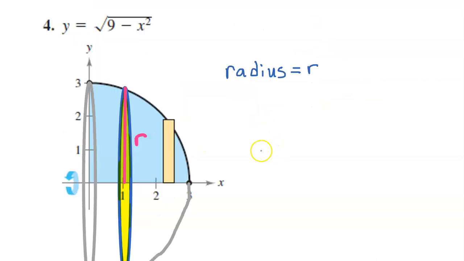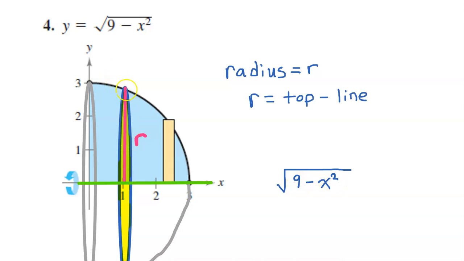So step 1 is to find an expression for the radius. This curve is formed by the function square root of 9 minus x squared. So the length of the radius will just be the value of the function. In other words, the length of the radius will just be the square root of 9 minus x squared.